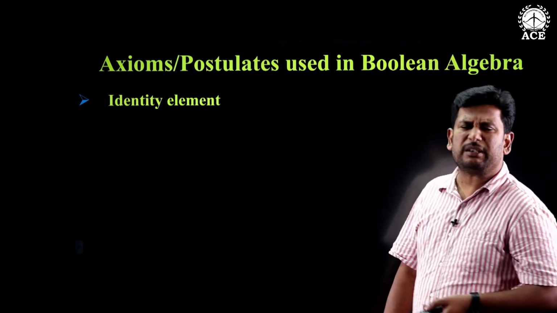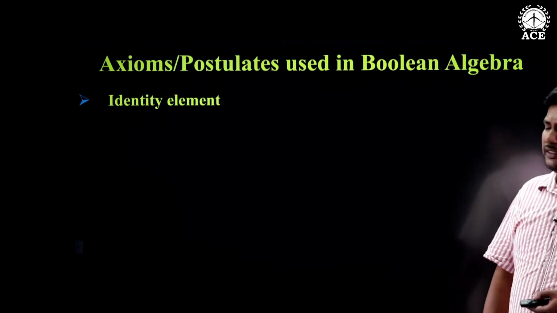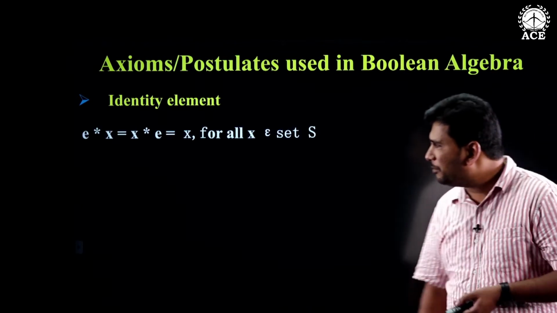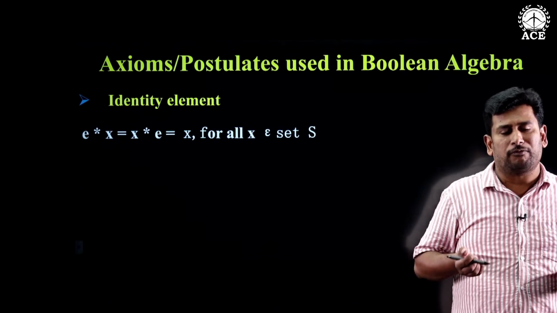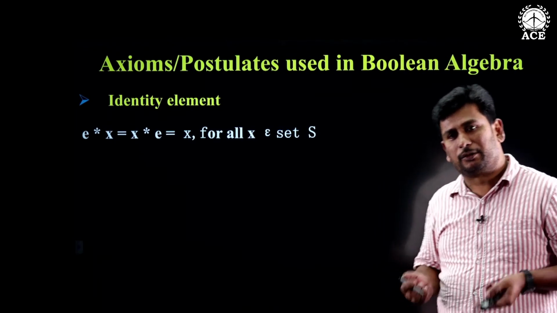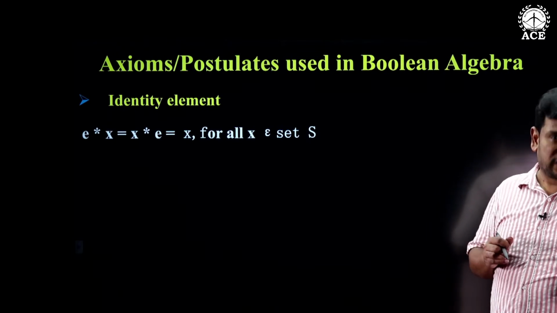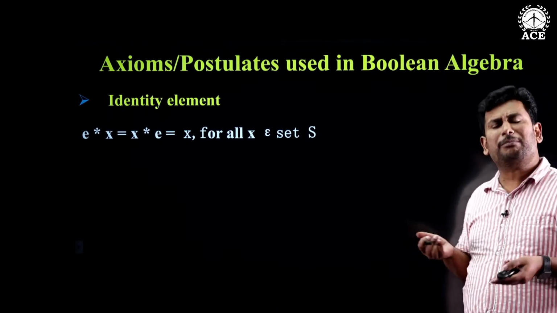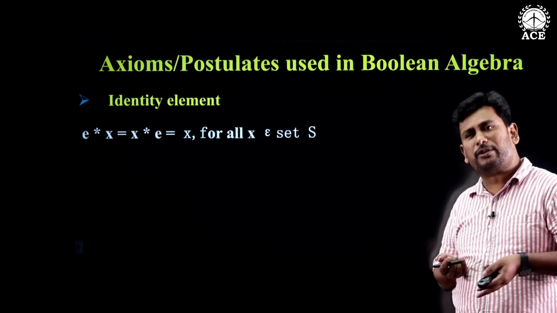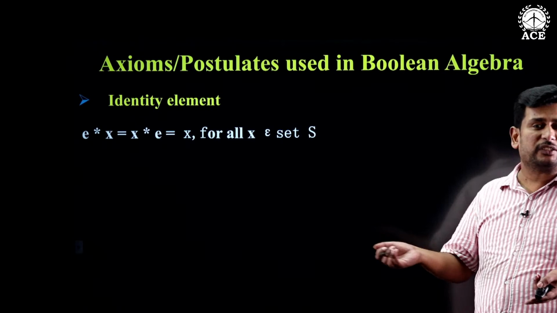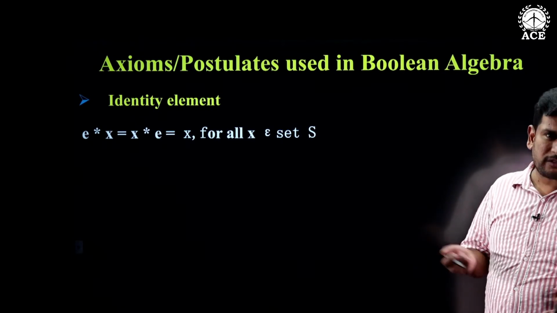So next, we go ahead with the identity element. What is this identity element? What is its necessity? Simple. An identity element is something like, if I am X, then what should I multiply so that I get back my X itself? In simple multiplication, if my number is 5, with which number should I multiply so that I get 5 itself? 5 into dash equals 5.